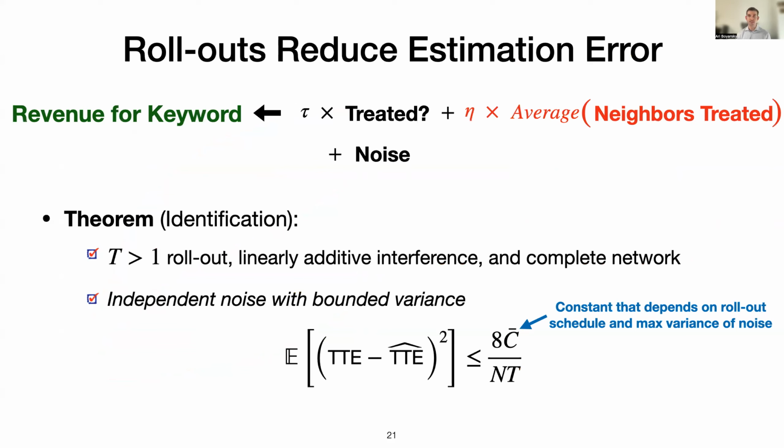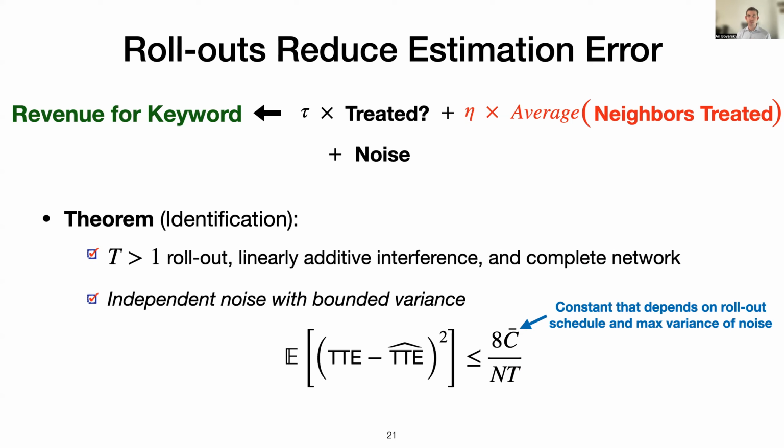We're also interested in the statistical properties that rollouts provide us when estimating total treatment effects. To that end, rollouts are helpful in reducing the variance of our treatment effect estimator. For example, in the case of linearly additive interference in a complete interference network, we can make mild conditions on the noise term, such as independence and bounded variance, and show that the efficiency of our estimator increases with the number of rollout periods.